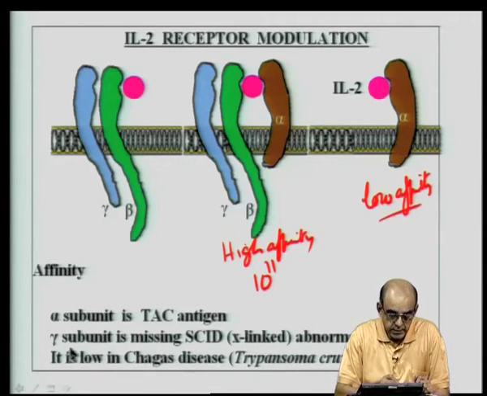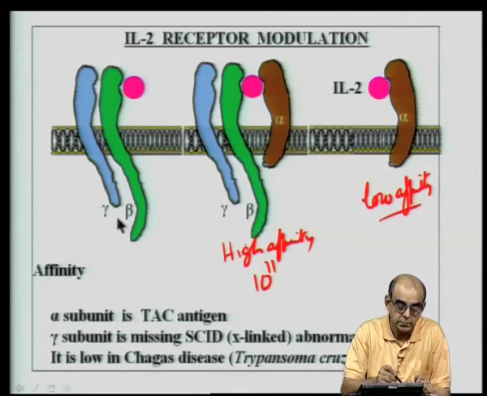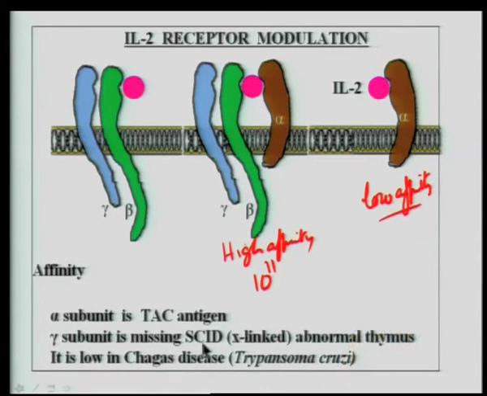So, this gamma subunit is actually the one that is present to a certain extent constitutively in the beginning, but is missing in SCID patients, severe combined immunodeficient patients, which is an X-linked disorder. They have an abnormal thymus with abnormal T cell numbers in the thymus, and they are prone to a lot of infections. This gamma subunit is also very low in Chagas disease, which is caused by Trypanosoma cruzi.